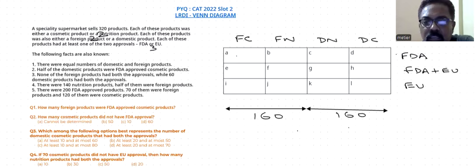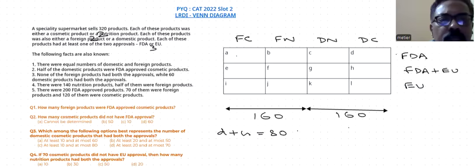What we can write down here, FDA approved domestic products, it will be coming from the boxes. FDA approved domestic, it will be D, plus FDA approved domestic, it will be H. So D plus H will be half of 160, which is 80. Done.